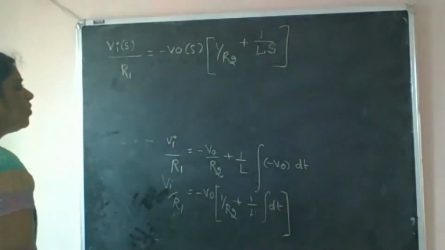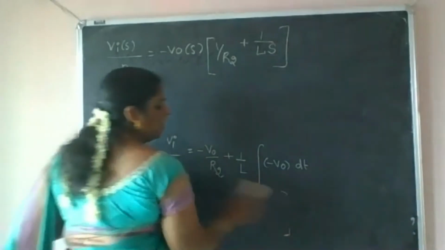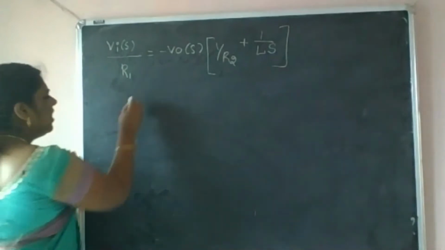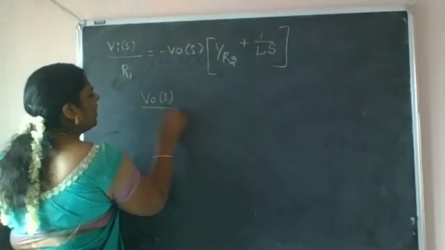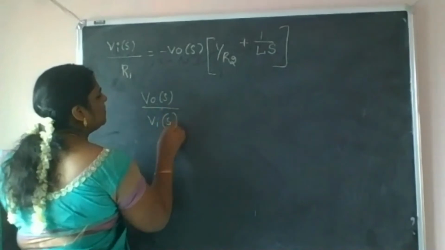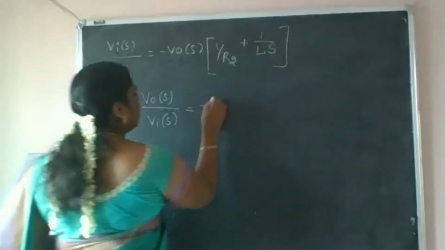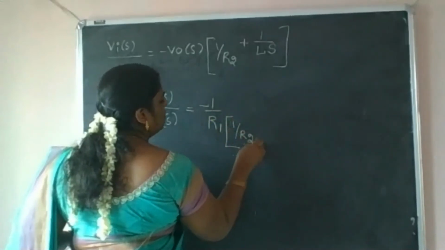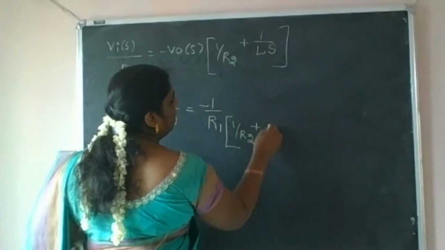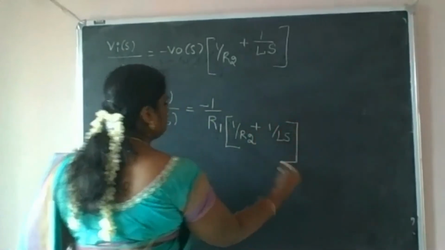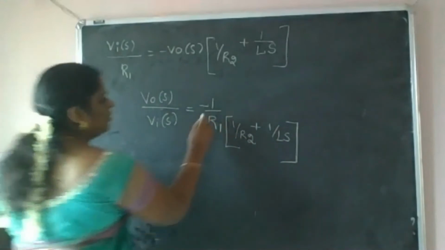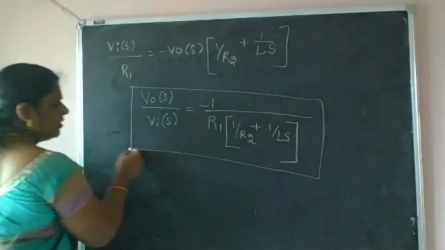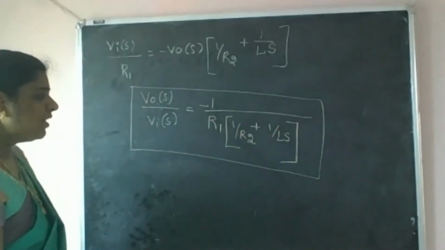Right? Now to find out the relation between input and output, we just have to cross multiply the terms. We will get V0(s) divided by Vi(s) is equal to minus 1 by R1 into (1 by R2 plus 1 by Ls). This is the transfer function for the given circuit.